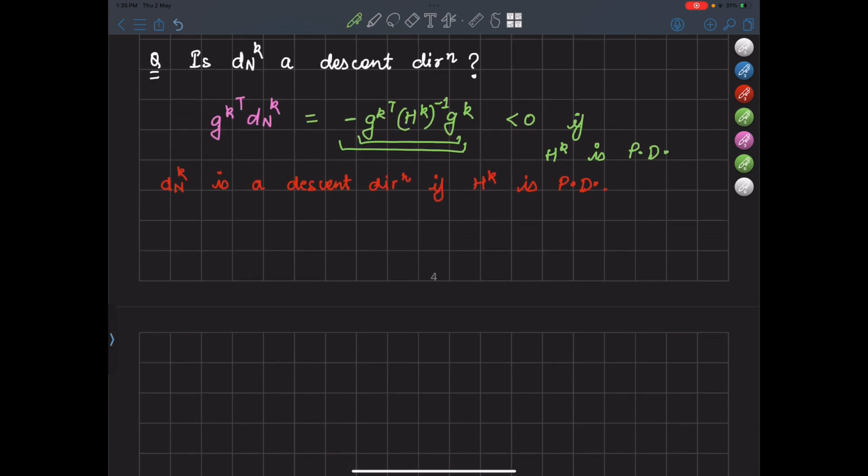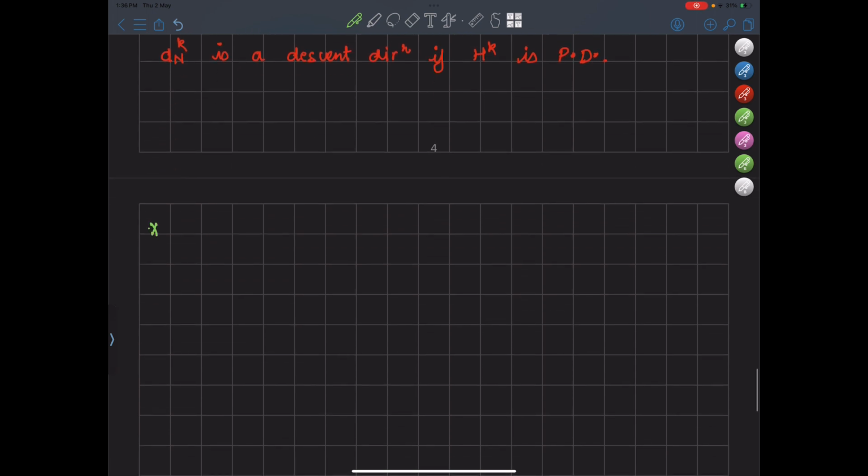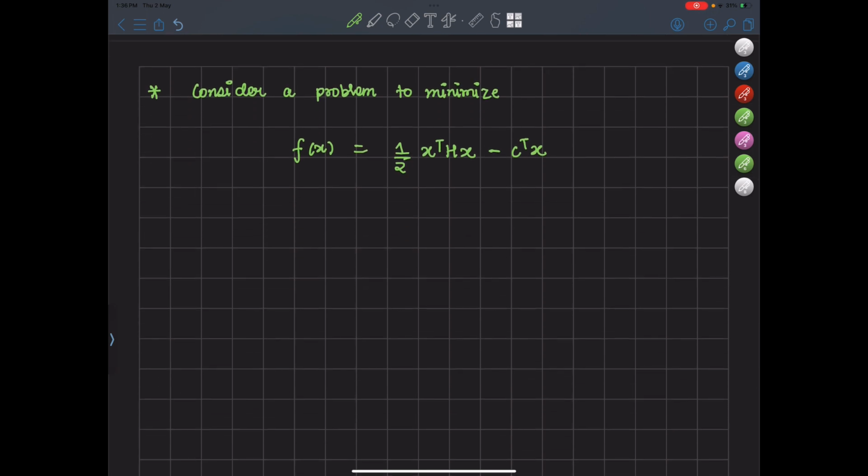So consider the problem to minimize f(x) equal to half x transpose Hx minus c transpose x. We already have some idea what will happen. As we saw in that transformation case, it will give us the solution in one step if we use exact line search. So let's try to derive that formally, mathematically.